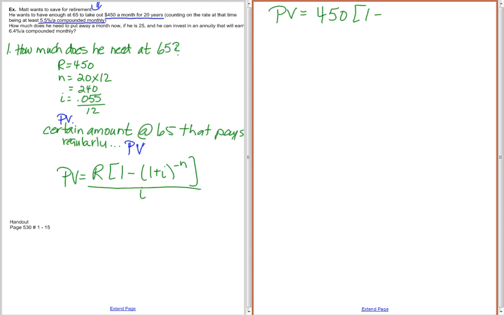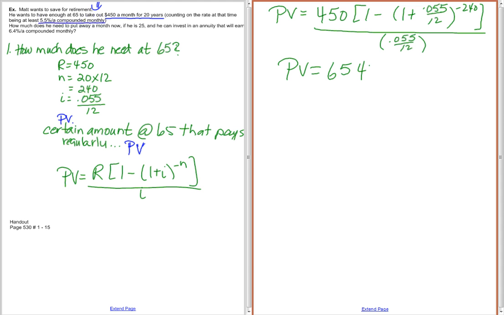His interest rate is 1 plus decimal 0.055 divided by 12 to the negative 240 over decimal 0.055 over 12. So very carefully entering that into your calculator, the present value is 65,417.69. That's what he needs at 65.